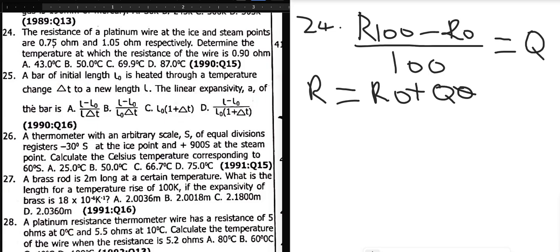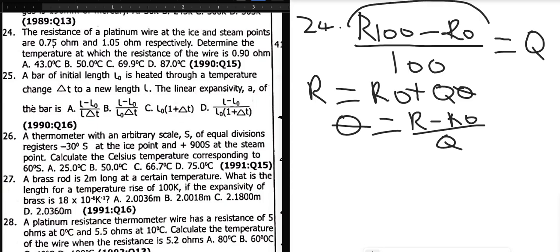If we are making theta the subject of the formula, what we're going to say is theta is equal to R theta minus R0 over Q. Remember, Q is what you got from that first equation.